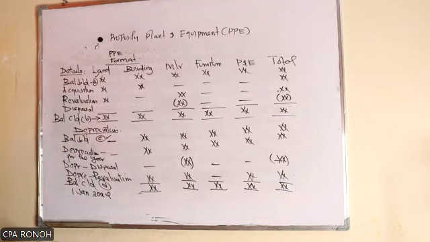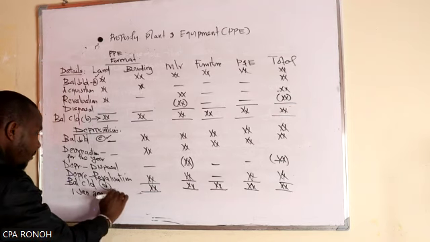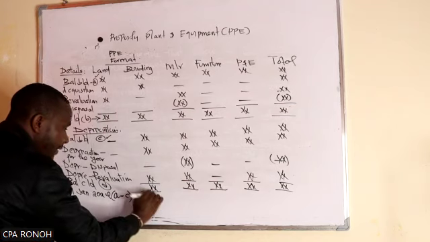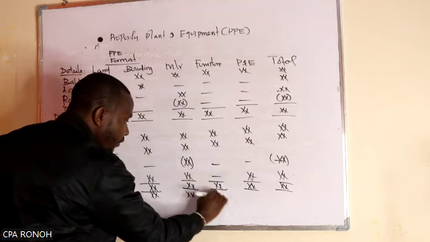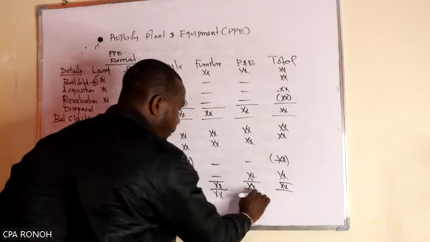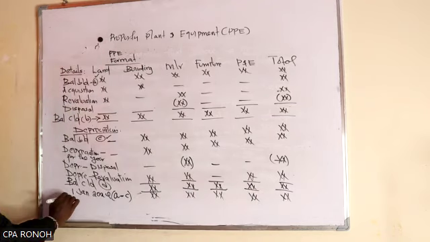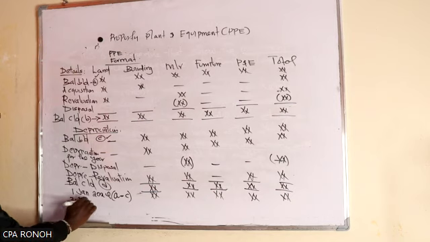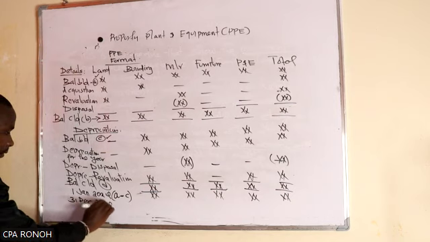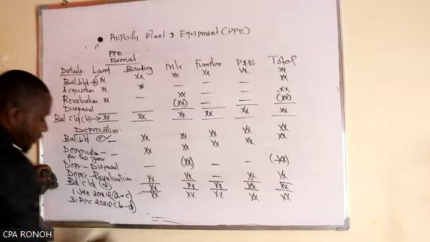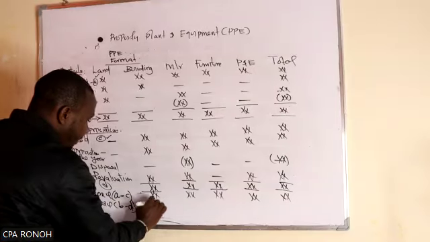You take A minus C. So that you get the balances on 1st of January 2024. And then for you to get 31st December 2024, you take B minus D.